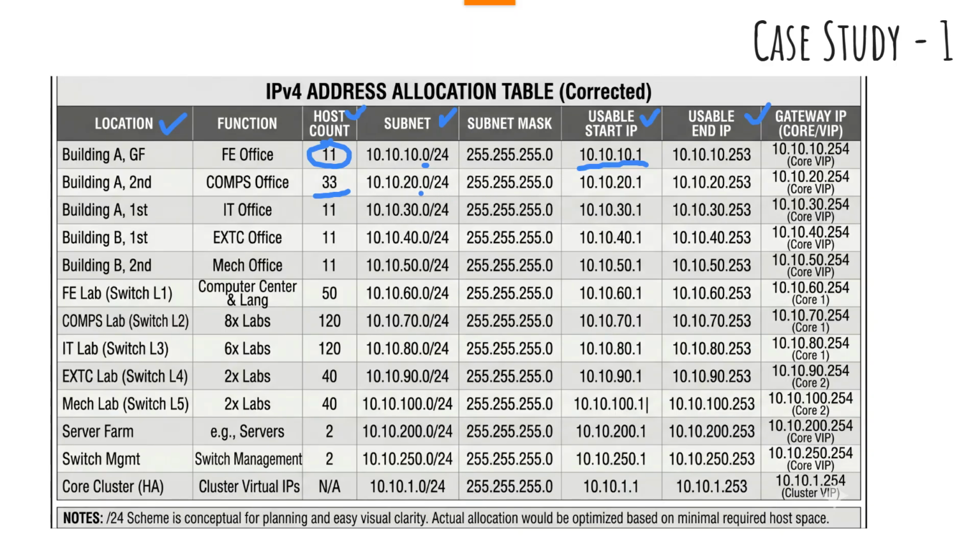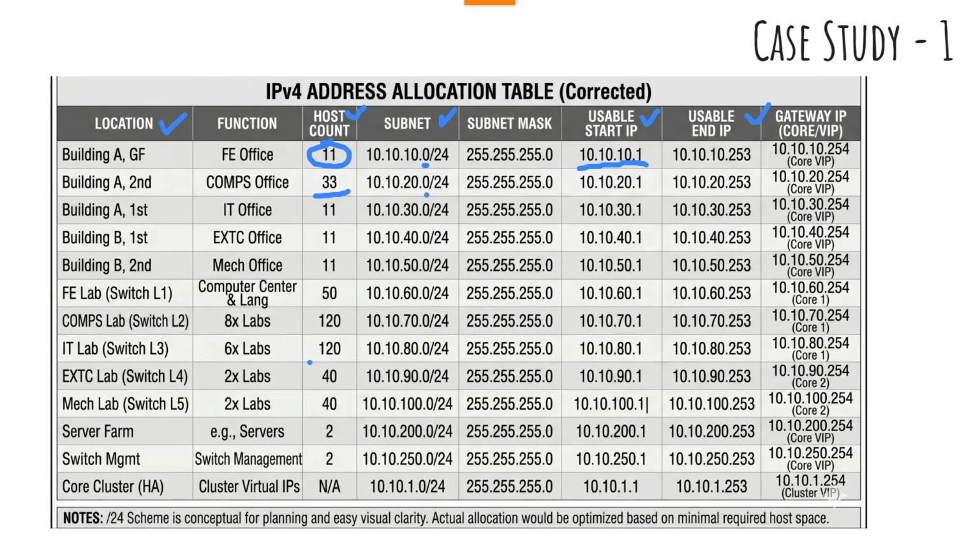So that means the last digit here is going to vary from 0 to 255, and what is going to give me usable is 1 to 253. So again I am having 253 IP addresses, but 33 are going to be used. So same here. Now let's come to the labs.